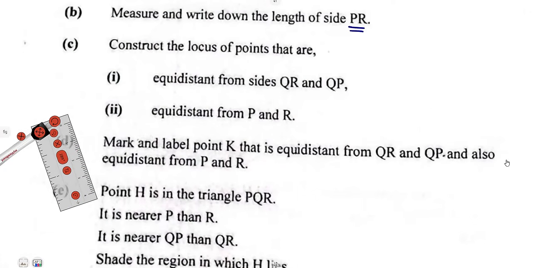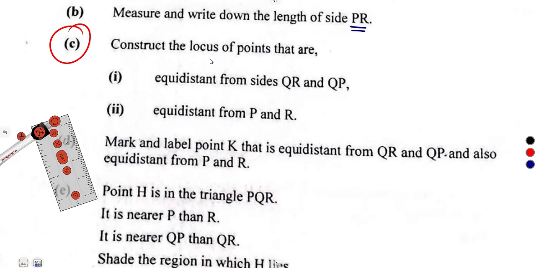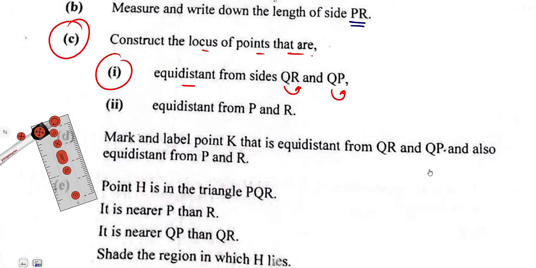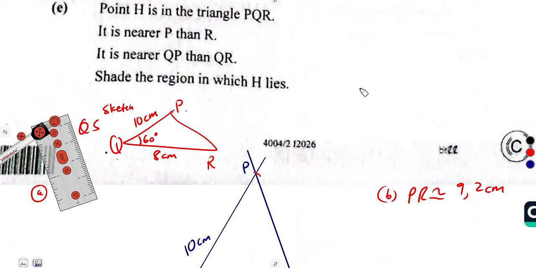Another part, it was construct C, the locus of points that are, item one, equidistant from sides QR and QP. What is formed is an angle. So we need the angle bisector.